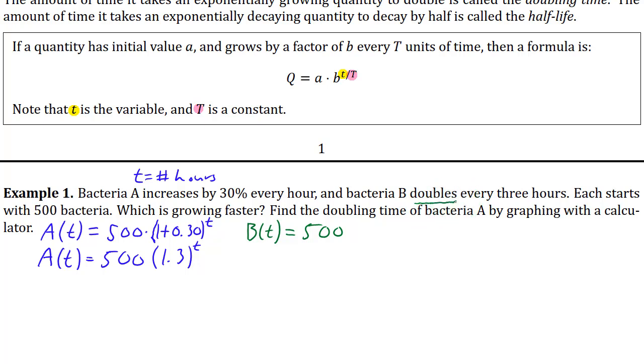So the B in this formula is going to be 2, and the T is going to be 3 hours. So the formula here is going to be 500 times 2 to the power t, the number of hours, divided by 3. To check that this works, we could make a little table, I think, to help understand this.